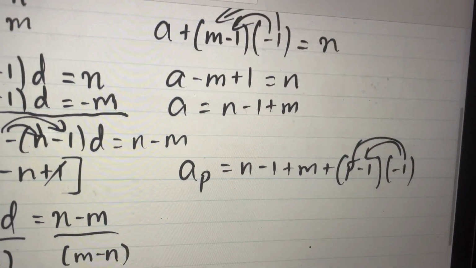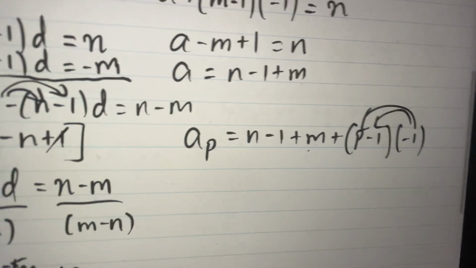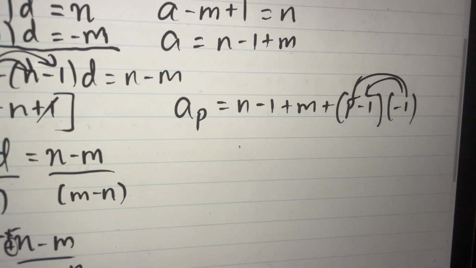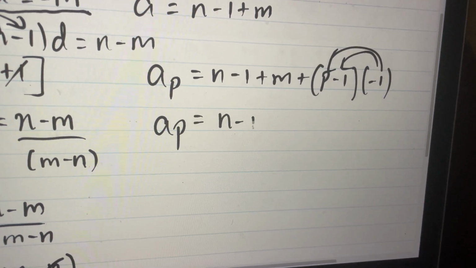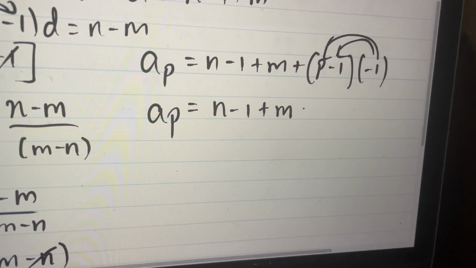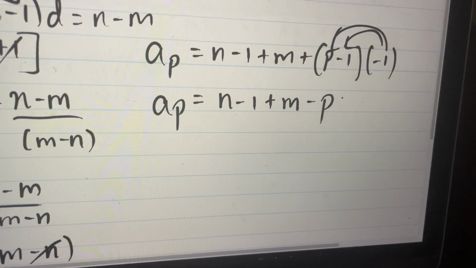Alright, let's substitute for a_p. That is equal to n minus 1 plus m, then plus (p minus 1) times minus 1. Let's see, I think we're getting somewhere because I can see n, m, p. I think I can cancel them. Okay, n minus 1 plus m minus p plus 1.